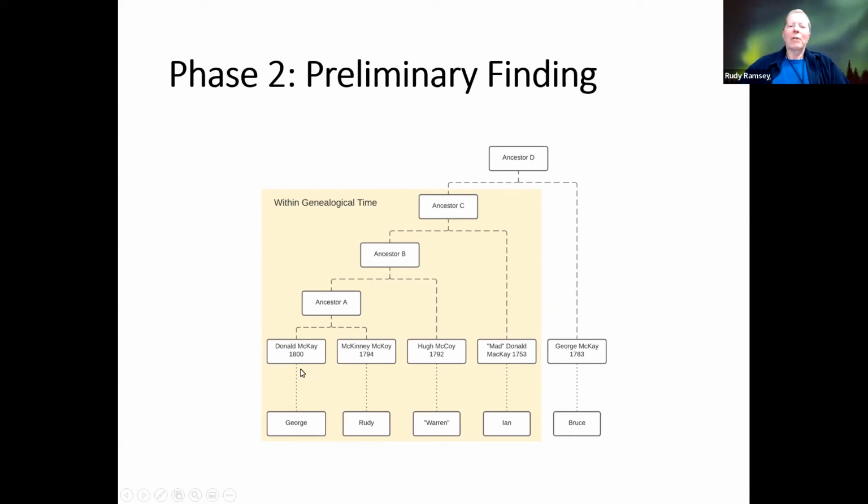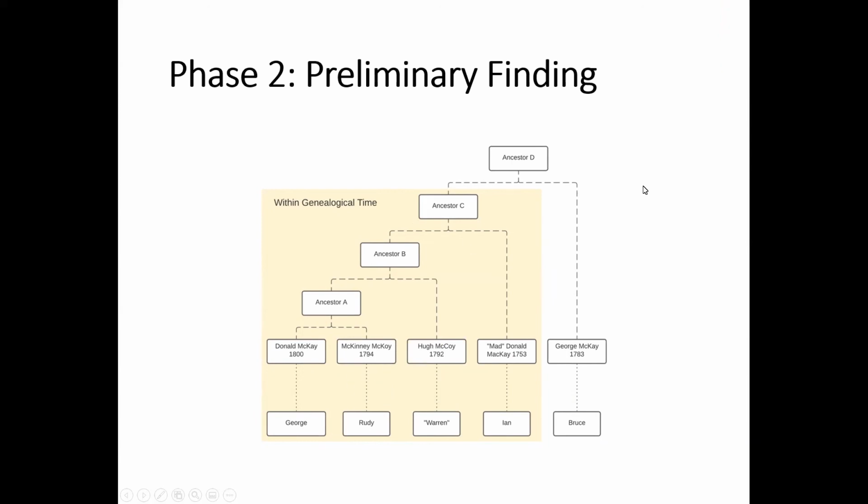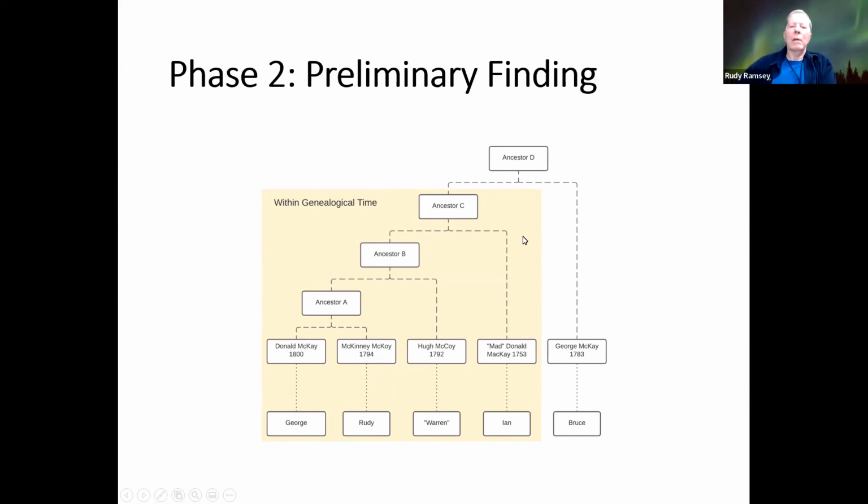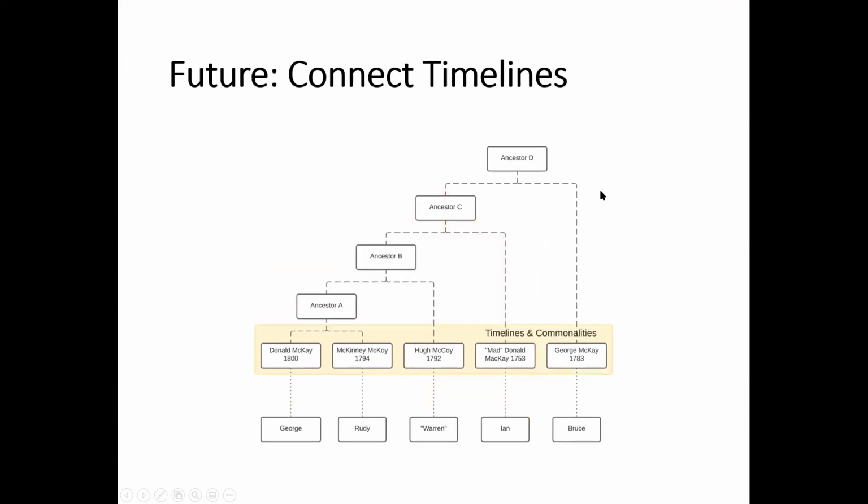These guys are all in different places, and all of that, except for McKinney, except for these 2 lines, they're in all different places: Scotland, Canada, Kentucky. Our lines are in North Carolina and Georgia and Oklahoma and Texas and stuff. So because they're all in different places, I don't think these autosomal matches are from lines other than the McCay lines, but could be wrong.